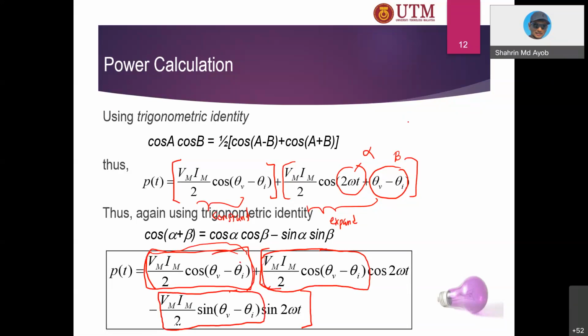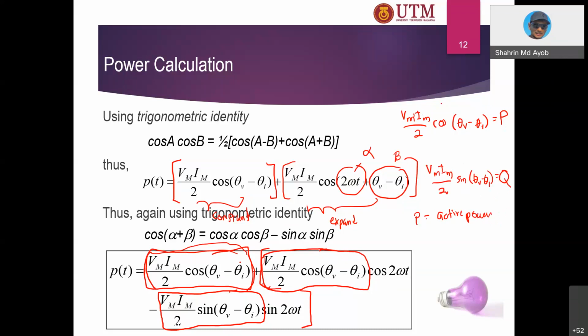From here, Vm Im over 2 cos(theta v minus theta i), we define as P, which is our real power, while Vm Im over 2 sin(theta v minus theta i), we define as Q. P is actually the active power.